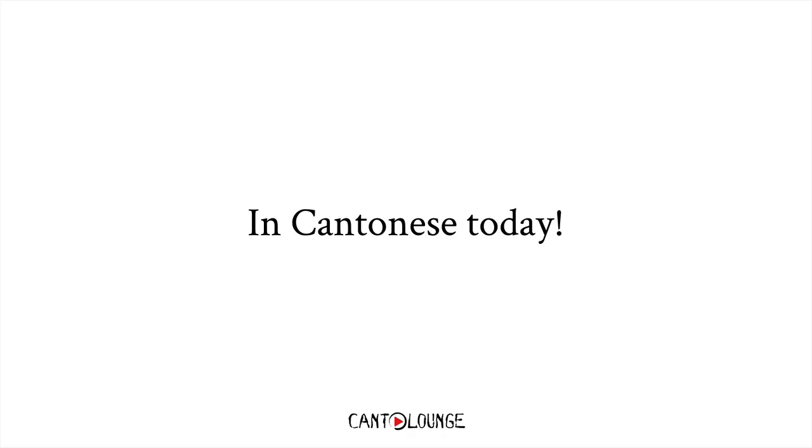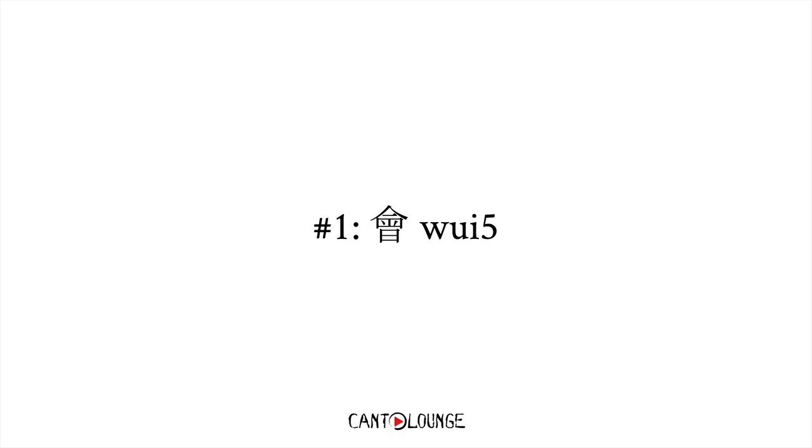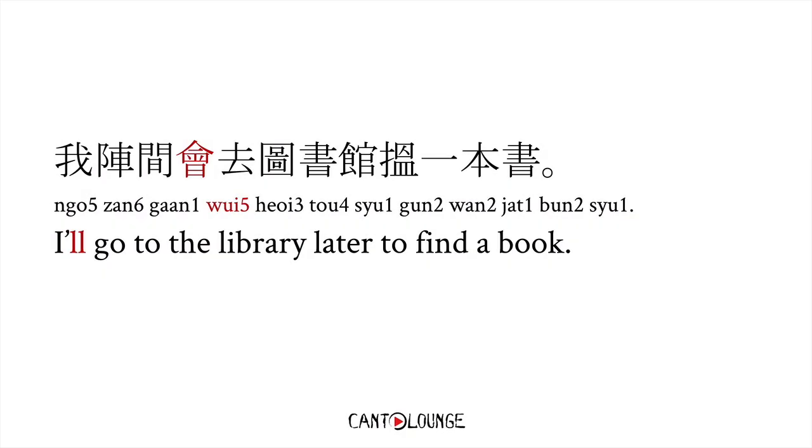And so we're going to have a look at how to express some of these words in Cantonese today. Okay, so as you can probably imagine, a vocabulary-oriented lesson. Okay, so let's get started. Number one, we have 會. And in a previous lesson, we have already talked about 會 before.